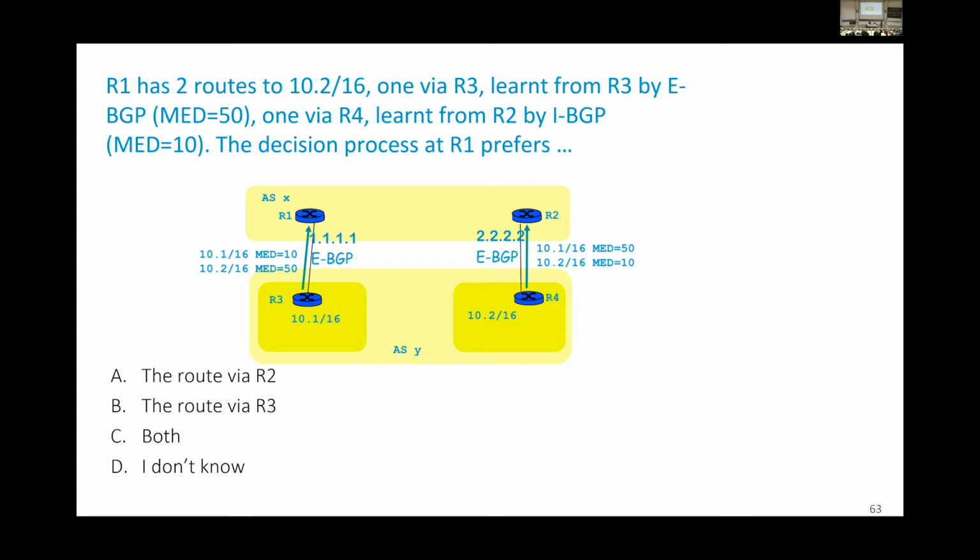I think there is a bug here. R1 has two routes to 10.2, one via R3, learned from R3. No, that's correct. One via R4, learned from R2. That's correct.